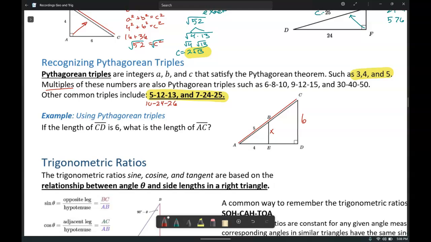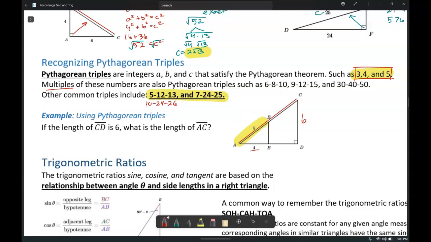But by knowing the Pythagorean triple, it saves us a lot of time by thinking about the similar triangles and those multiples of the triangles as well. So I noticed that my hypotenuse here is a length of 5, and one of my legs is 4, satisfying two of the three requirements for a Pythagorean triple, 3, 4, 5.